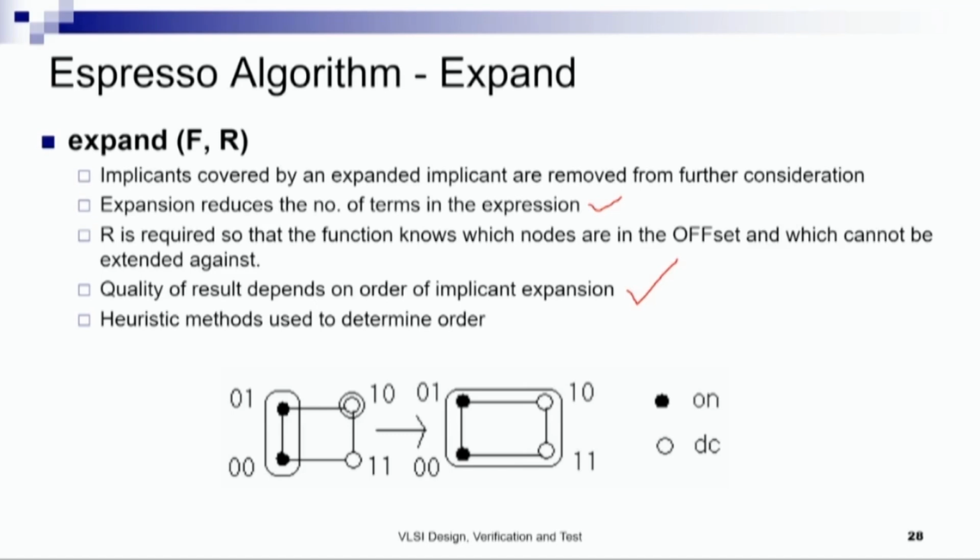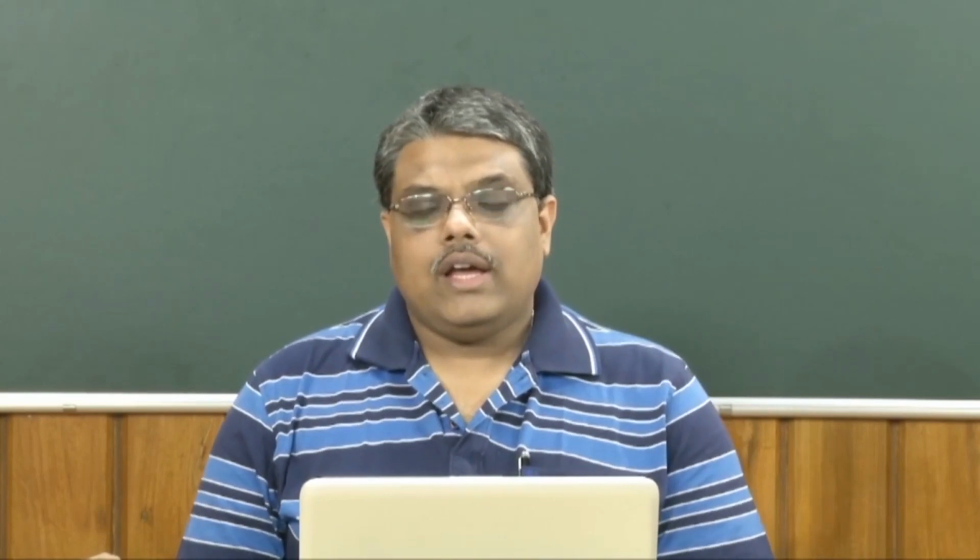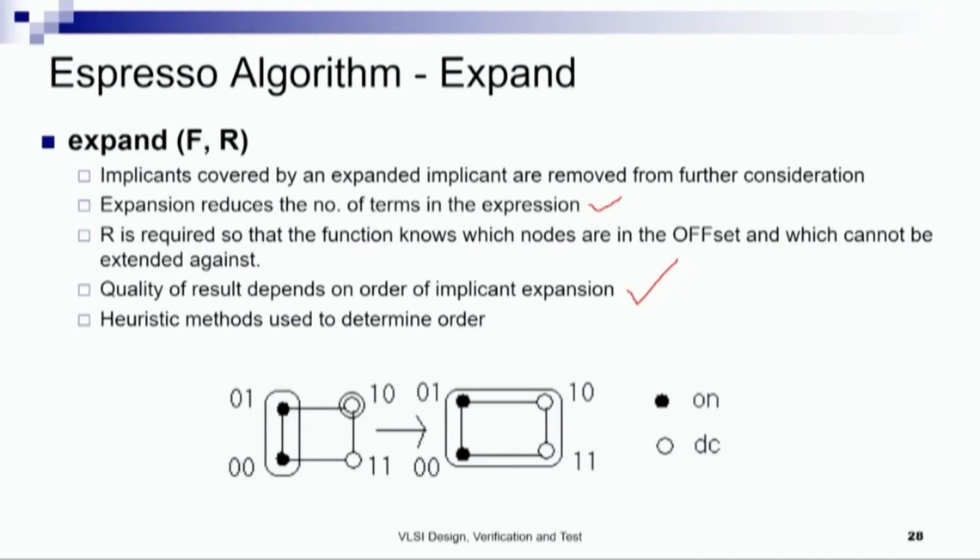So therefore there are loops in this expand, irredundant, reduce loop, which tries to expand cubes in different directions and obtain a minimal cover over essential primes. Heuristic methods are applied to determine this order, in which order the implicants should be expanded and also in which direction.